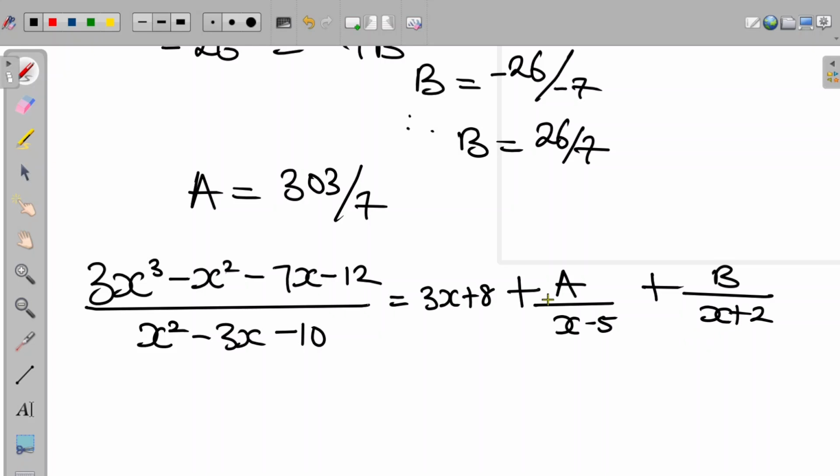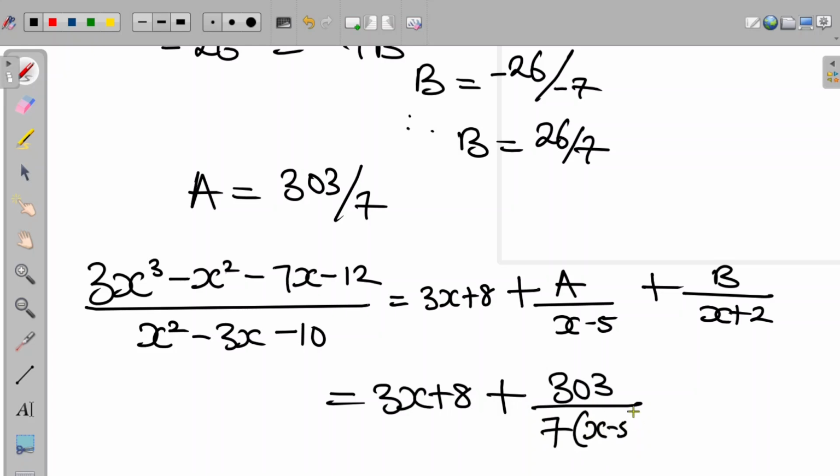So we plug in the values. So this becomes 3x plus 8 plus 303 divided by 7 times x minus 5, plus 26 divided by 7 times x plus 2. So at this point, we have been able to resolve the compound fraction into partial fractions.